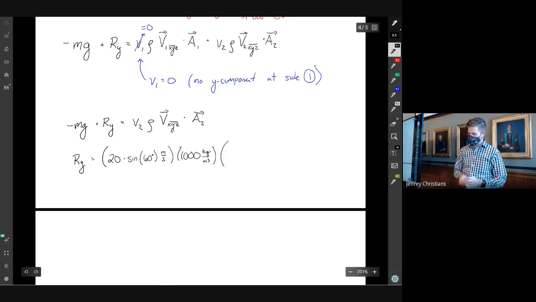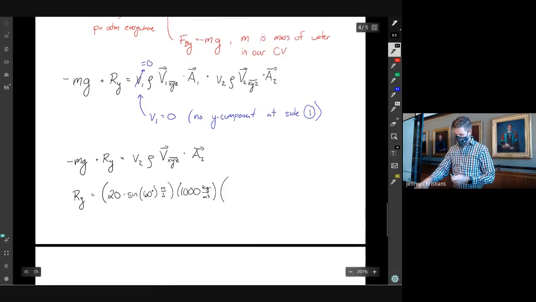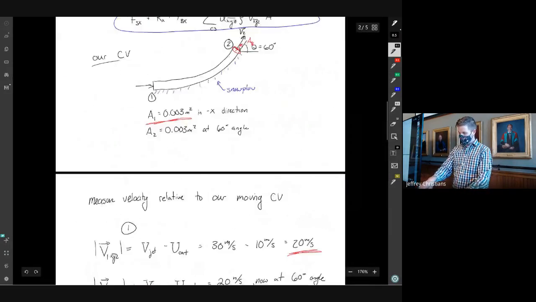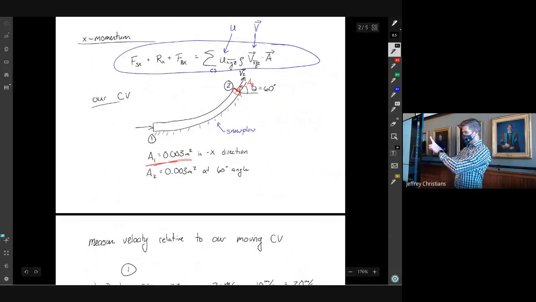Now times this dot product. Right, in the dot product, they're both pointing at the same angle, 60 degrees, the velocity vector and the area vector are both at that angle. So that's just a simple multiplication.